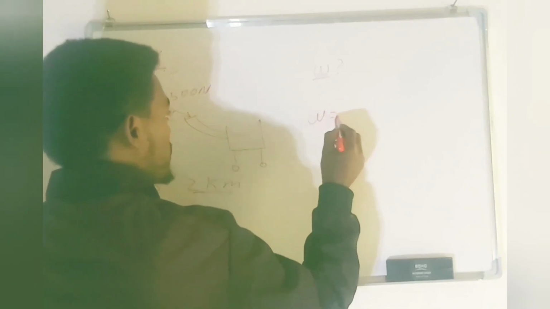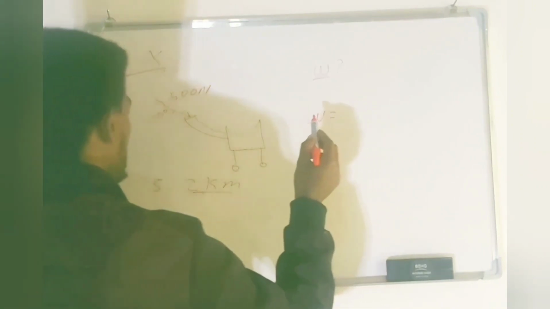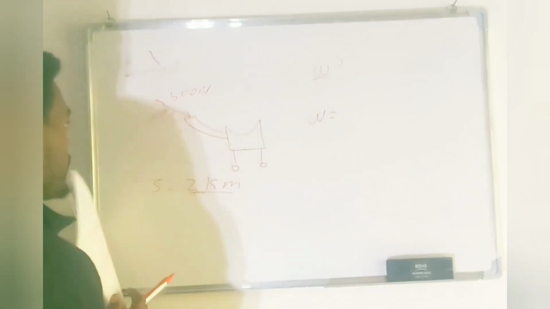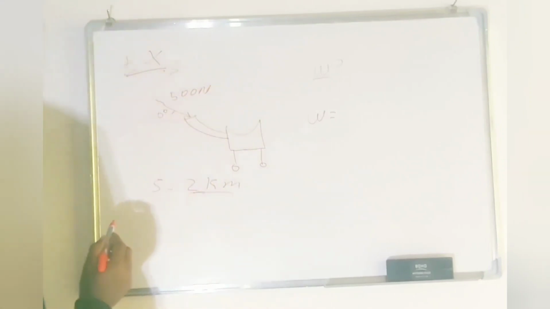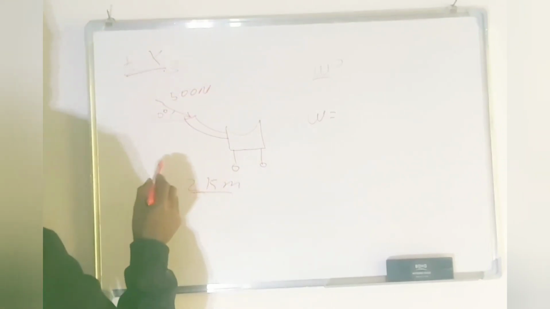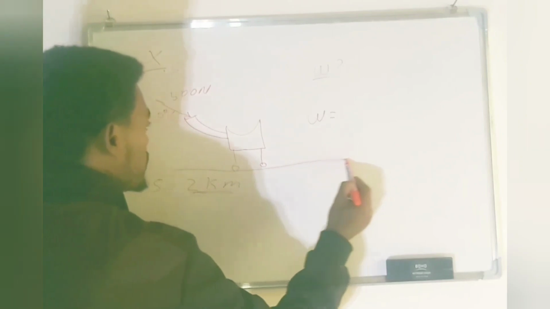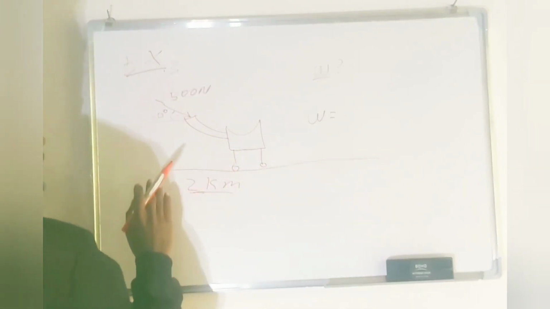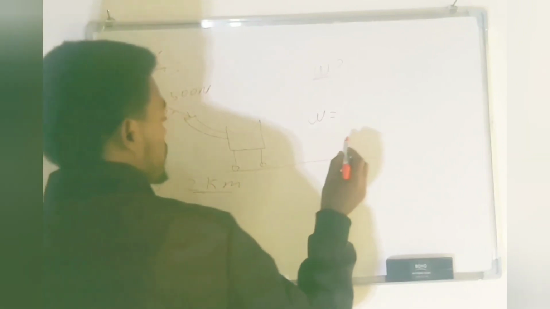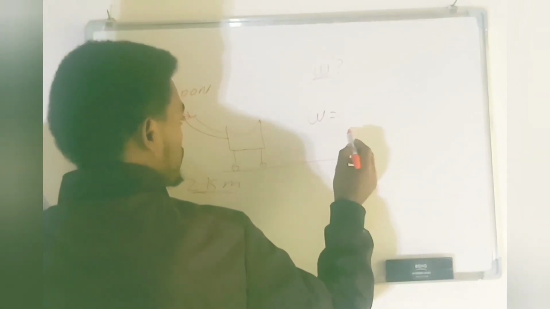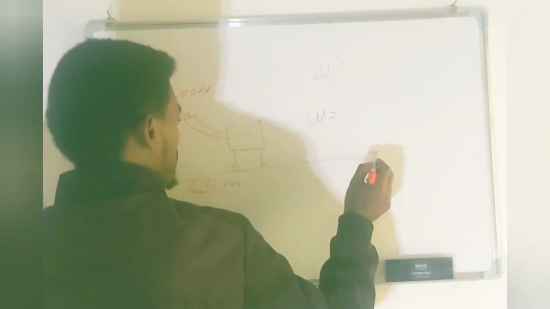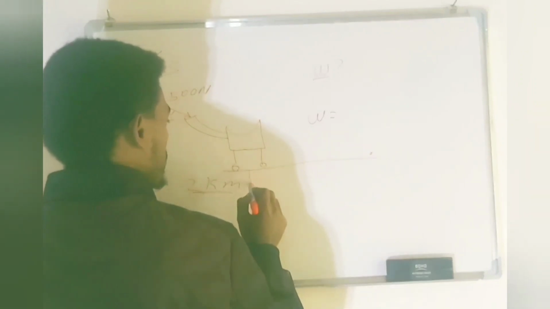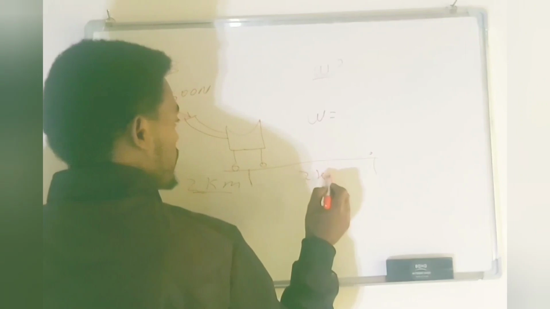Work done is, now we have to find, okay, it traveled horizontally. This cart can come around here. So from here to there we have 2 kilometers.